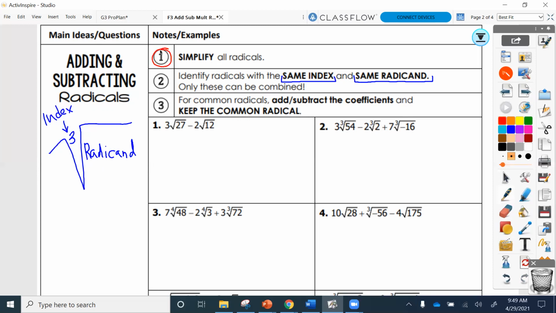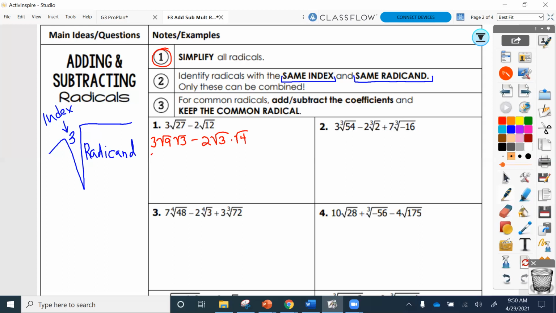Let's see. You can take the square root of 27 and rewrite it as 3 times the square root of 9 times the square root of 3. So 9 times 3 is 27. And square root of 12, we can write as the square root of 3 times the square root of 4. So we're still simplifying everything at this point.